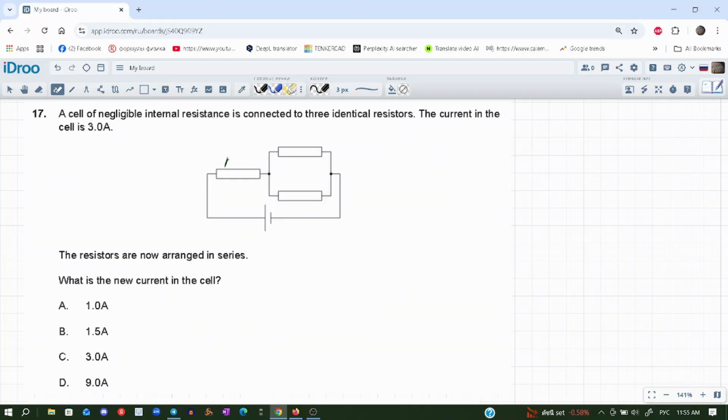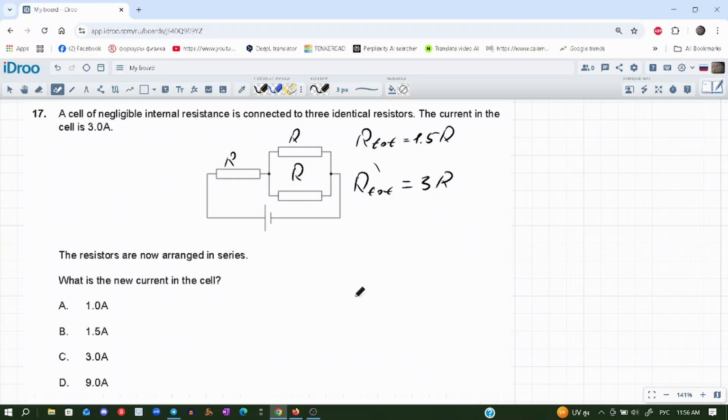First we have R total equals, here we have a half of R, right? So it's 1.5 R. And when we rearrange it, it will have 3R resistance, right? So R total prime equals 3R.